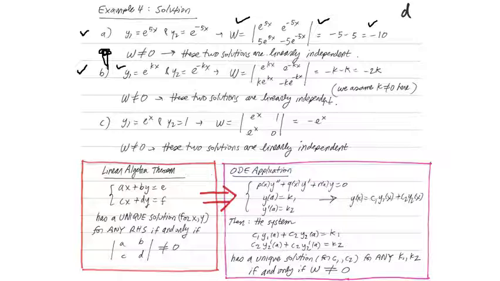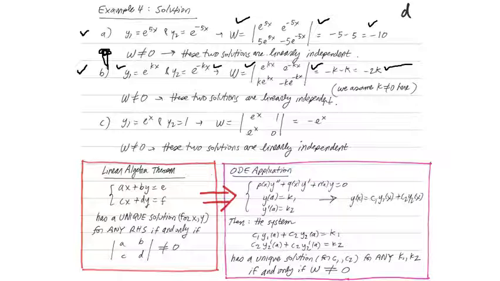If you have y1 is e to the kx, y2 is e to the minus kx, plug those expressions into the general formula for the Wronskian, take the derivative of y1 in the first column, take the derivative of y2 in the second column, use your formula for the determinant of a 2 by 2 matrix and get minus k minus k, so minus 2k for the Wronskian for that example.